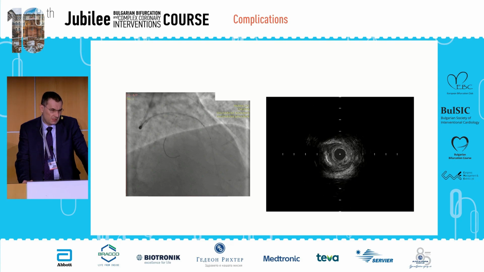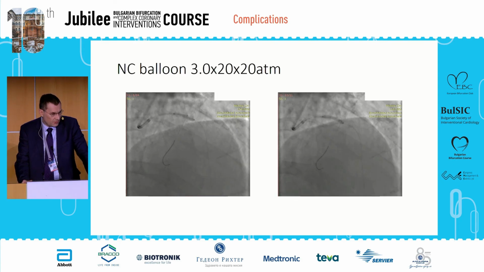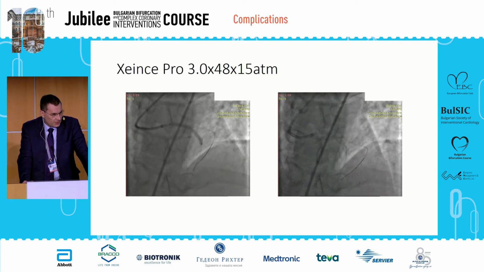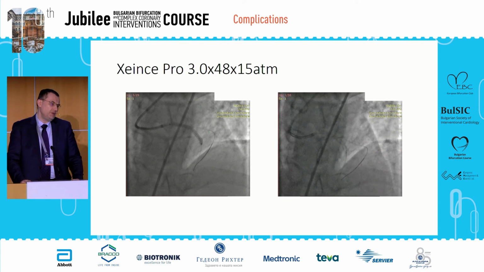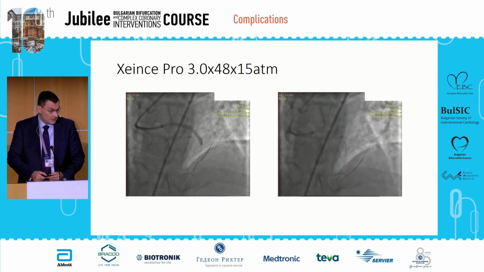As you appreciate, there was a really very tight stenosis at the proximal LAD, so we performed several predilations, and a long 3.5 to 3.0 by 48 millimeter stent was implanted.